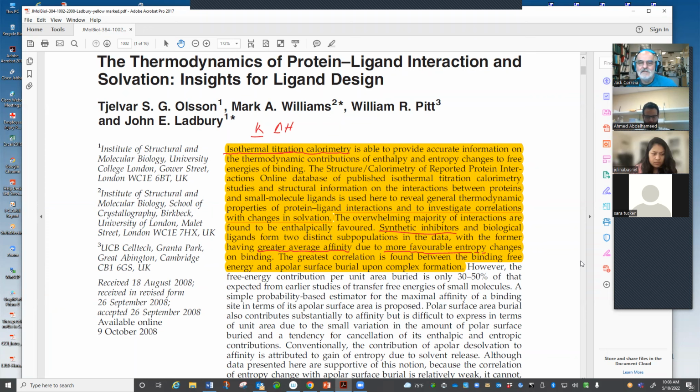The greatest correlation is found between binding free energy and apolar surface burial. Okay, and this is related in a broad sense. This gets complicated. I exposed you to the complication last week when we went into all of these other factors. Water's released, you break hydrogen bonds, you bury apolar surface.